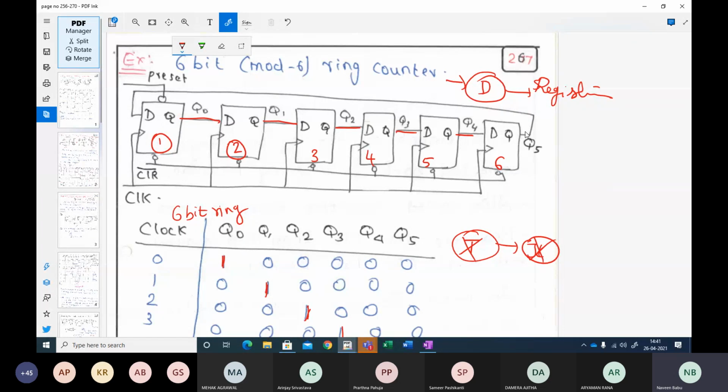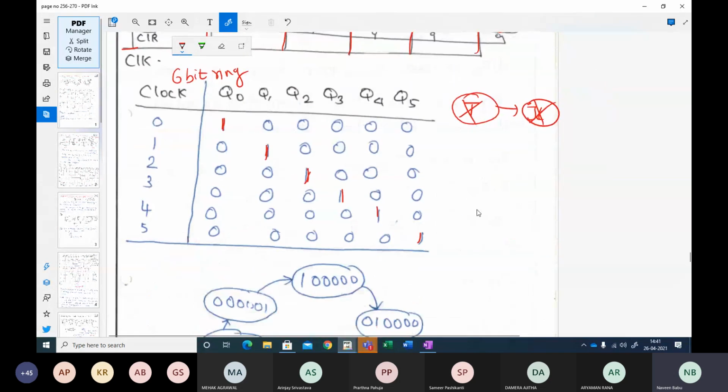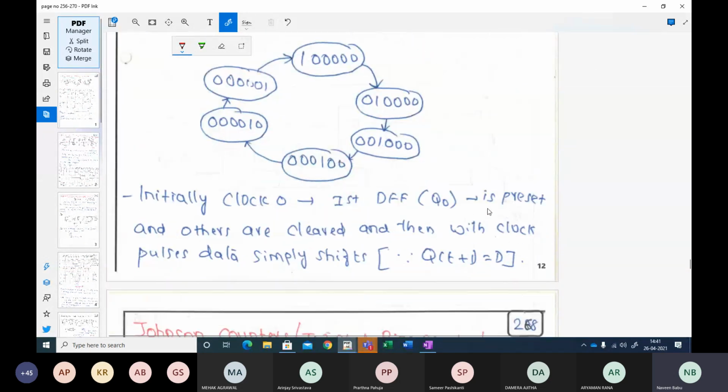And then the last output is fed back to the D0 input. The clear signal is obviously there, and the clock is fed synchronously to all the D flip-flop inputs. Very simple implementation. This is how a mod 6 ring counter is implemented.